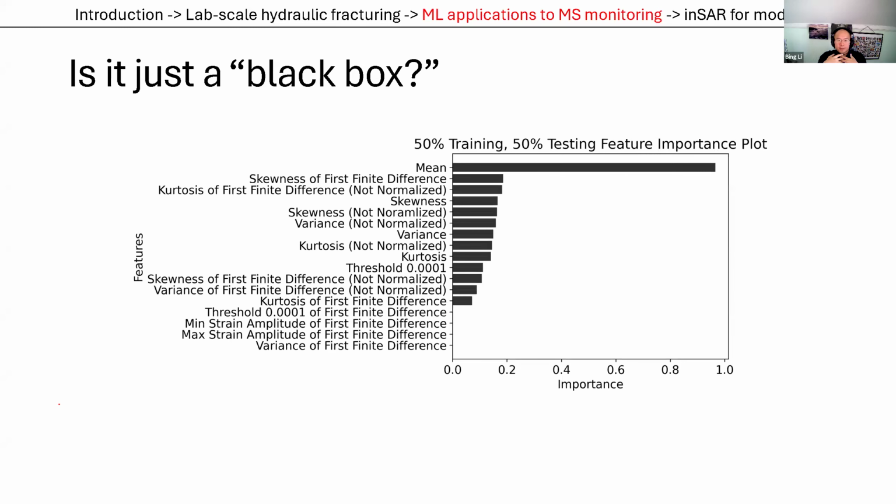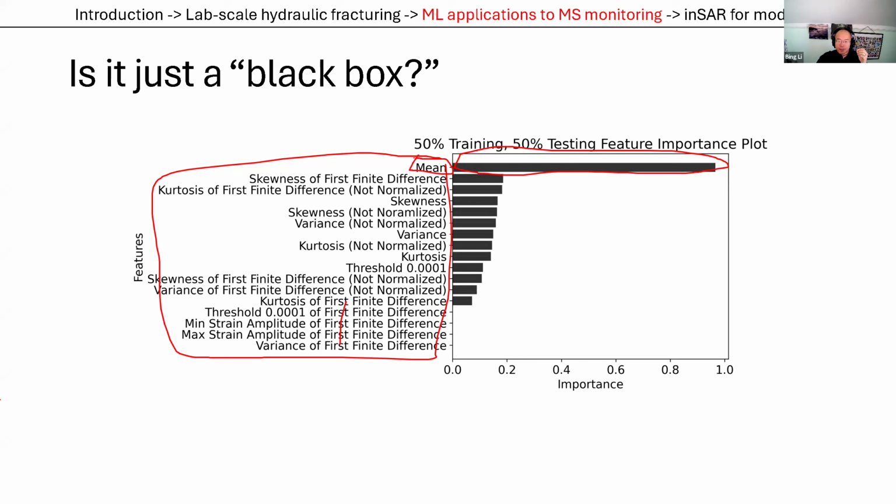So that's that. One of the big benefits of this random forest over deep neural networks especially is that we can also probe why the model makes the predictions that it does. Here I'm showing the top features that were fed into our model in terms of their importance, with the x-axis showing how much weight is assigned to each feature by our model.